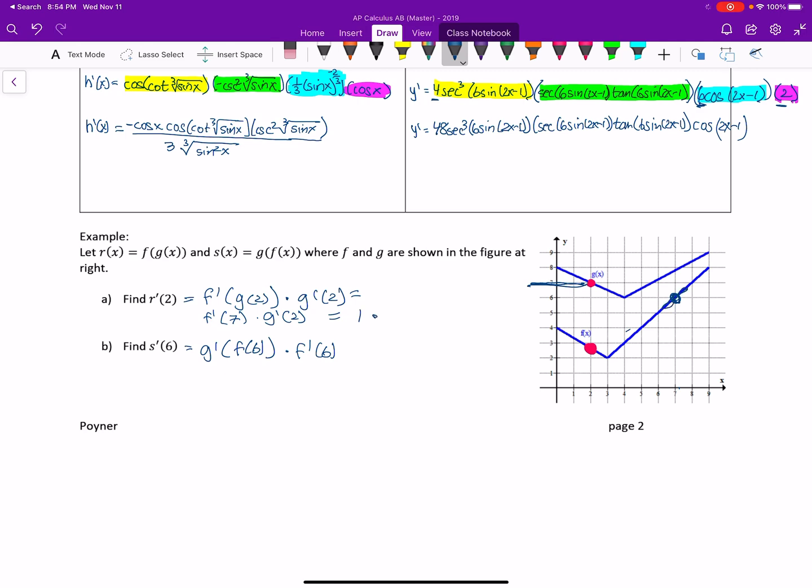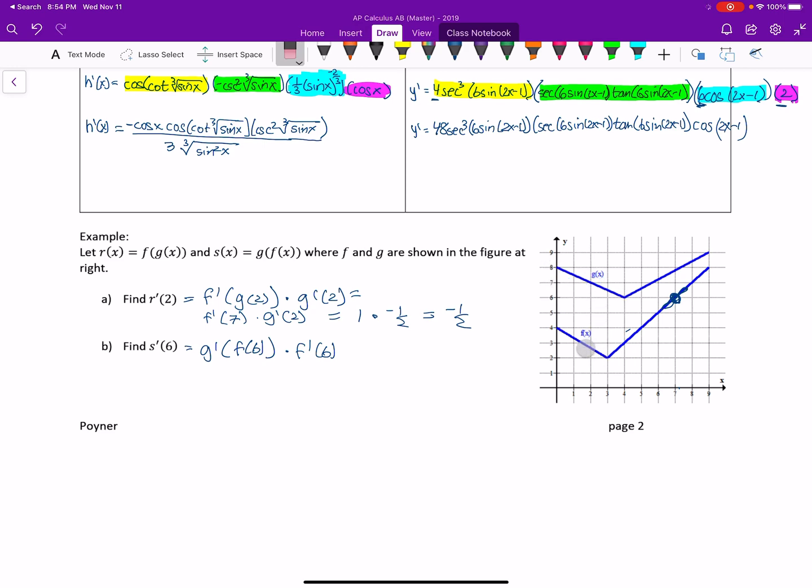So 1 times g prime at 2. Then we need to find the slope up here at 2, at that point right there. It's going to go down 1 over 2, so that's negative 1/2. So this whole problem is going to be negative 1/2.